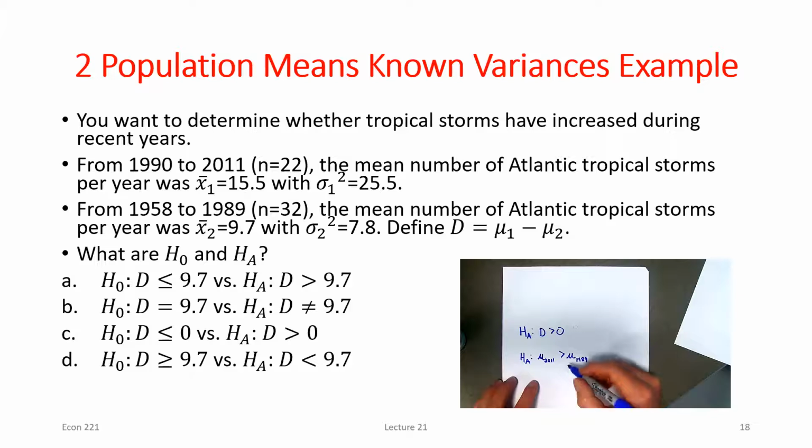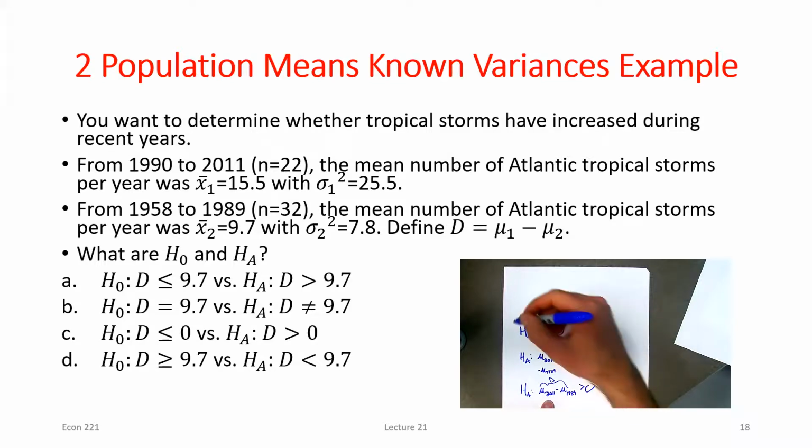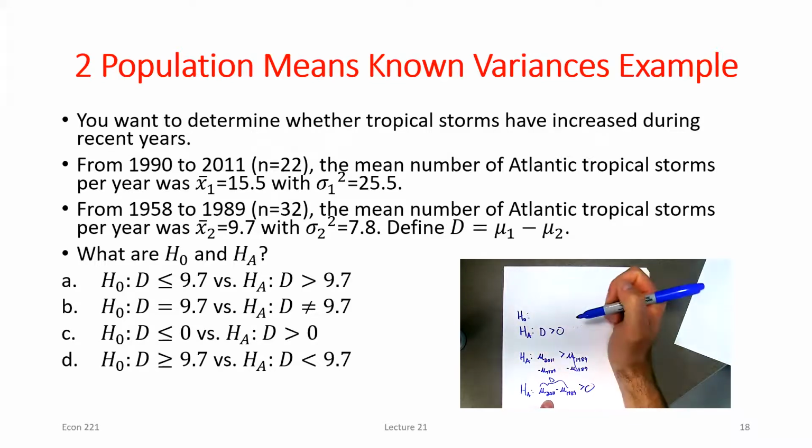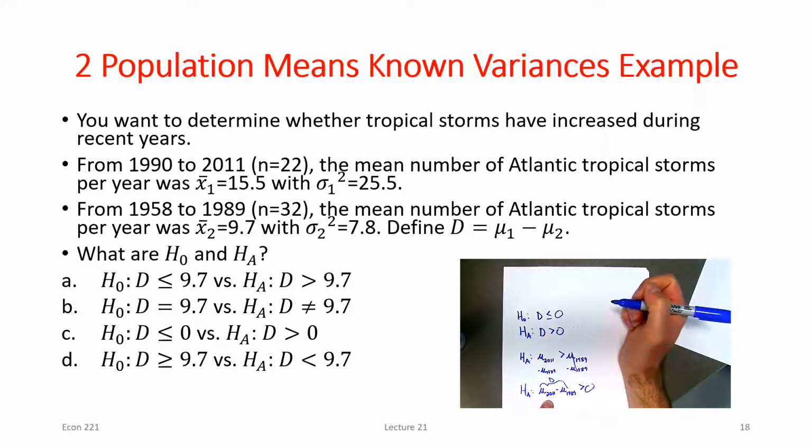What if I just move this to the other side? Now what would I have? I would have that the new time period's mean minus the old time period's mean is greater than 0, which is really saying, is that true difference greater than 0? Which would make my null just that the true difference is less than or equal to 0, or the complement of that.